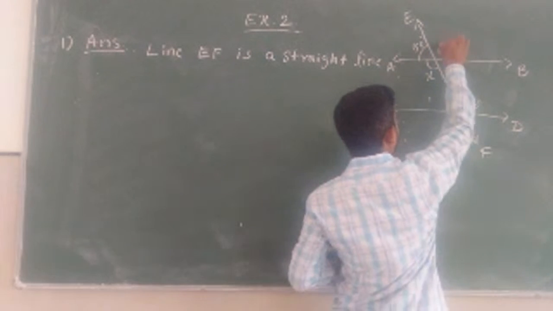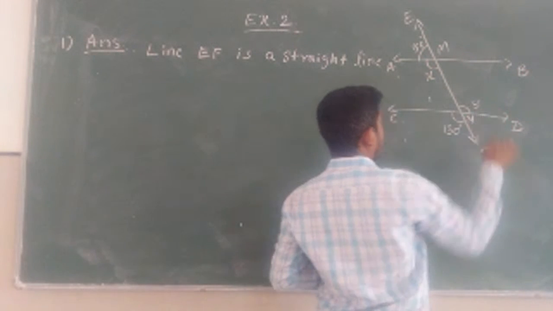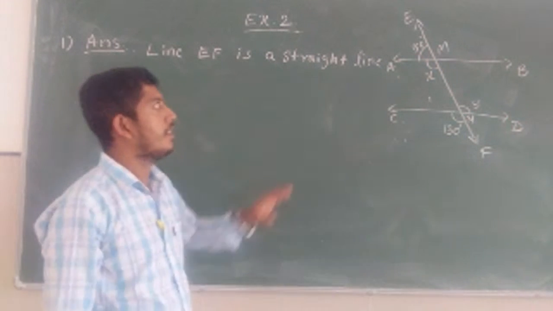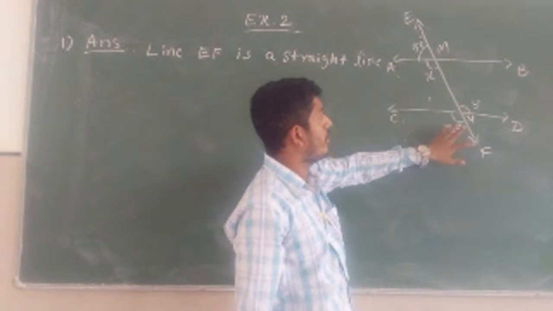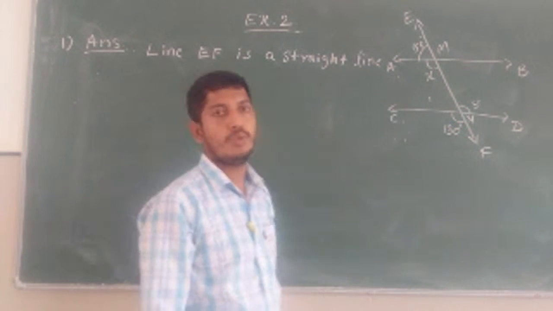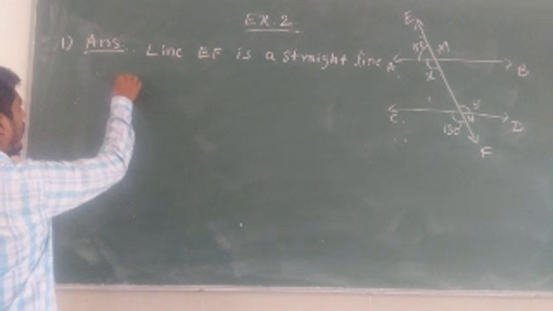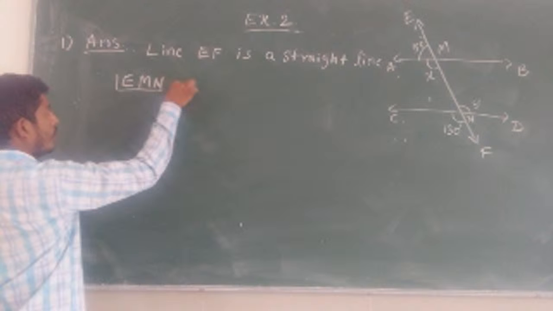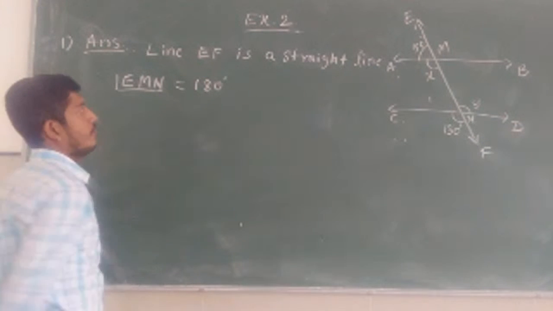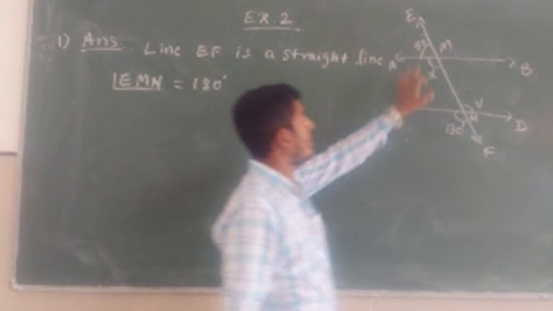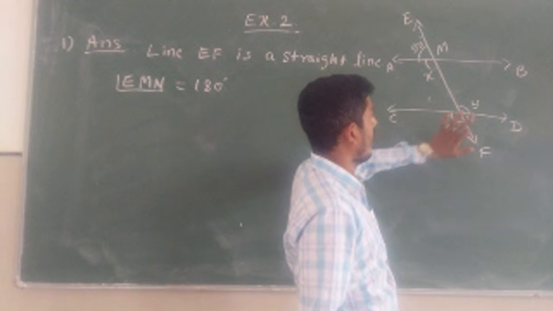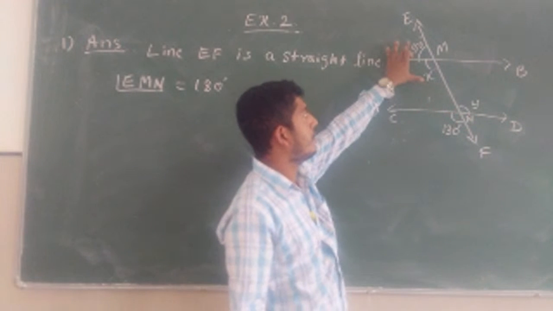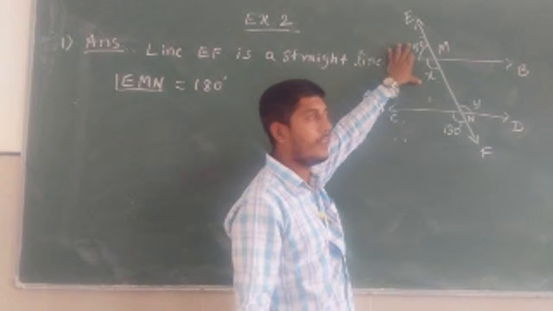I'll give the name M and this point N. Angle EMN equals 180 degrees because the reason is straight line. EMN contains two angles; the total angle is divided into two parts.